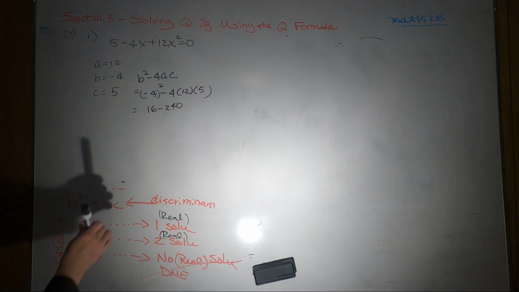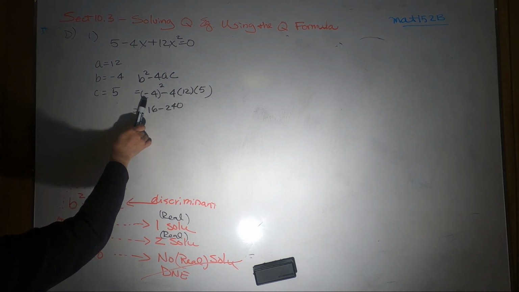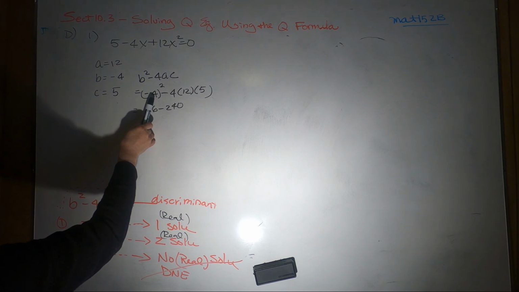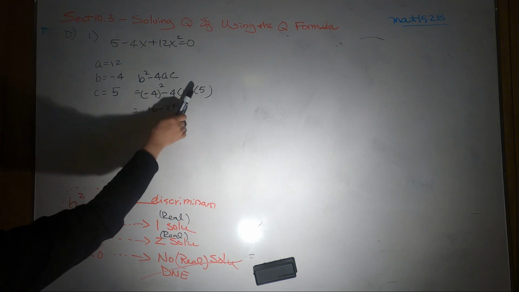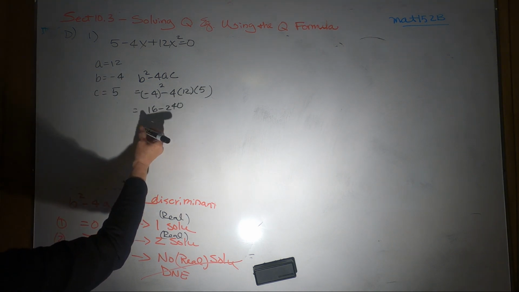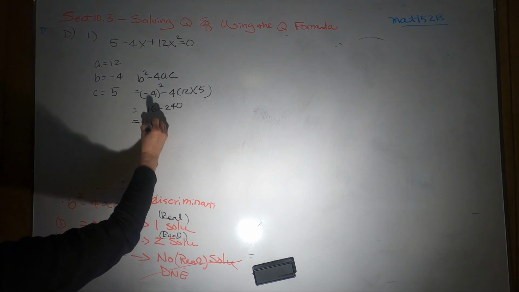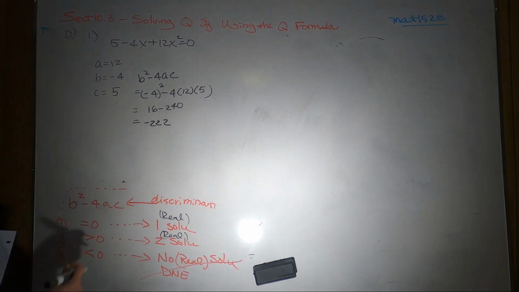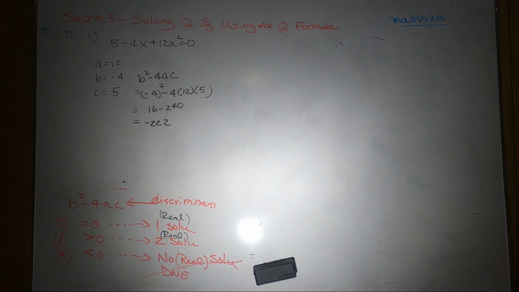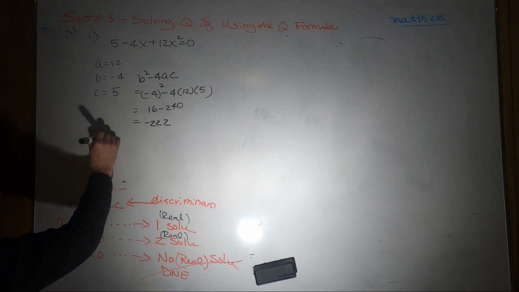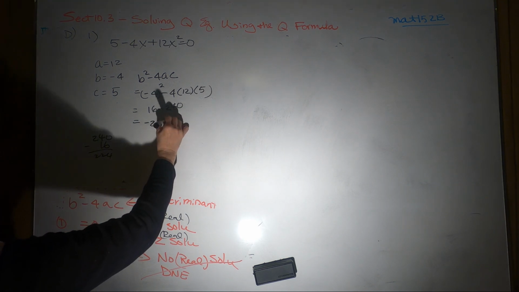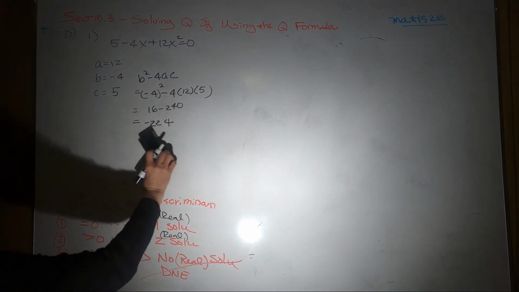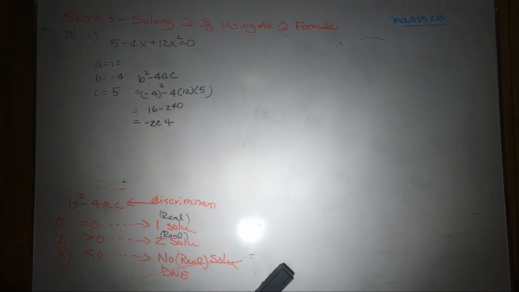Am I right? Here, b squared, b is -4, minus 4 times a and c, 12 times 5, 240. Right. So that would be what? 16 minus 240, -224. Is that right? Okay, -224.